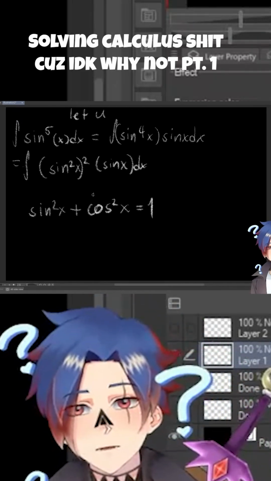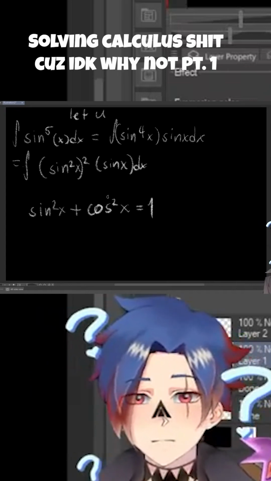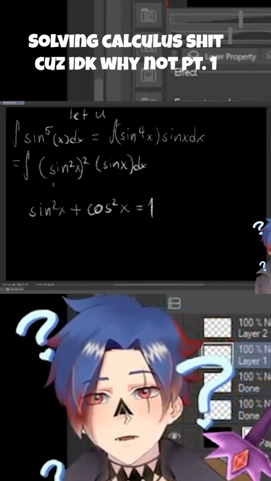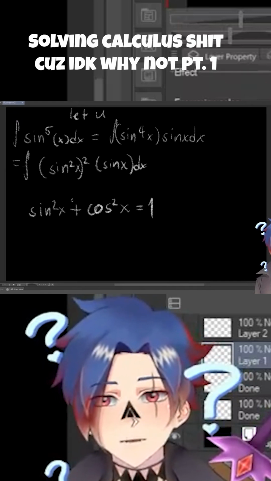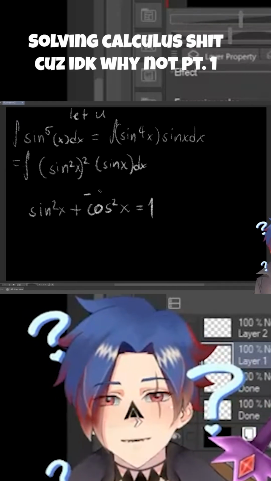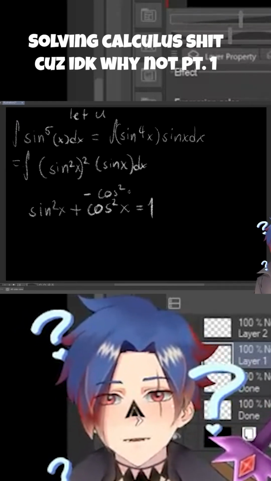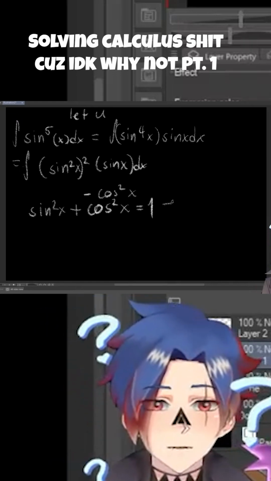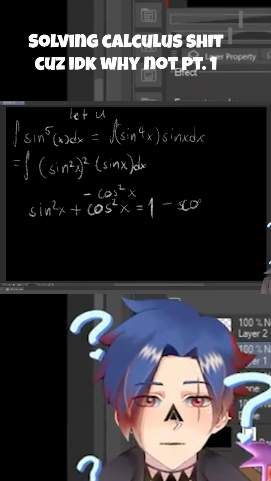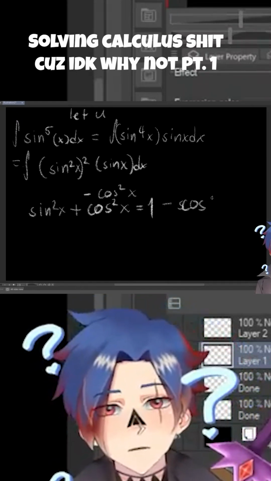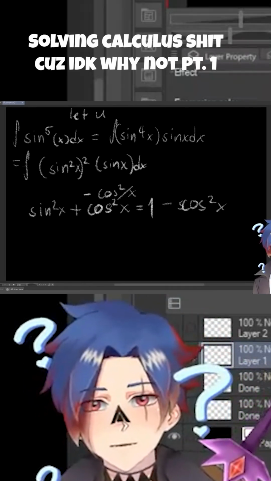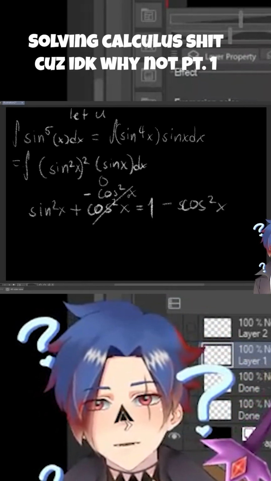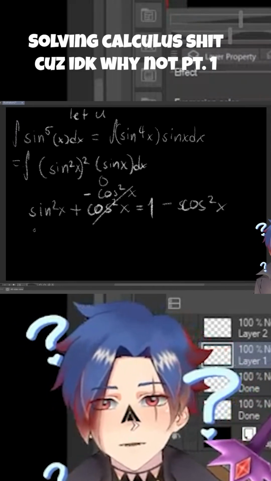That's the identity. Now since we already have sine^2, we want the identity of sine^2. So we subtract both sides with cosine^2 x, so it's gonna cancel out since this is gonna be 0.